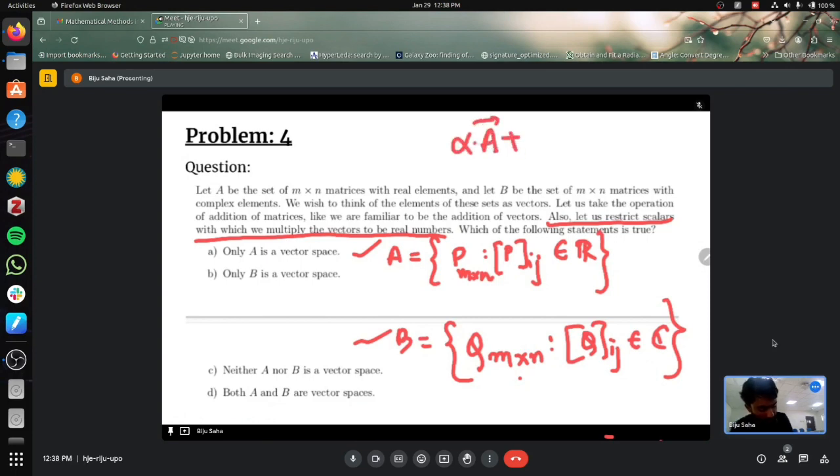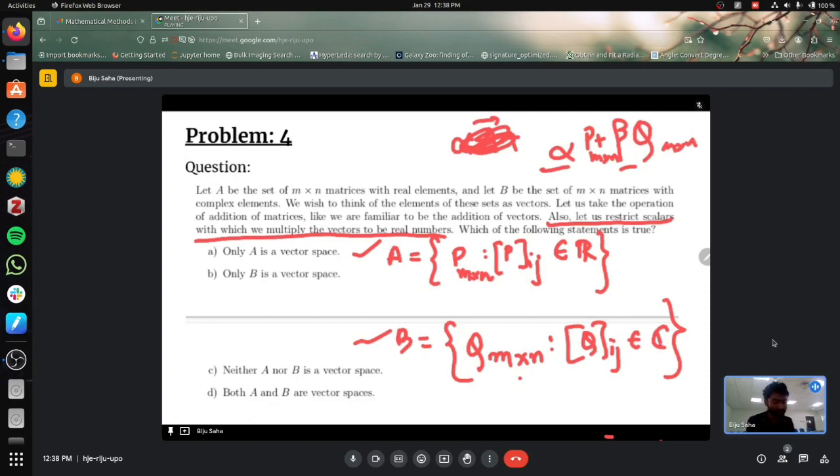Say we take two elements P and Q, m cross n matrices. To check closure under vector addition and scalar multiplication, we multiply with scalars alpha and beta and then perform addition. Restricting the scalars to be real means alpha and beta are real, even though the elements of the matrix can be complex, because that is the definition of the set.